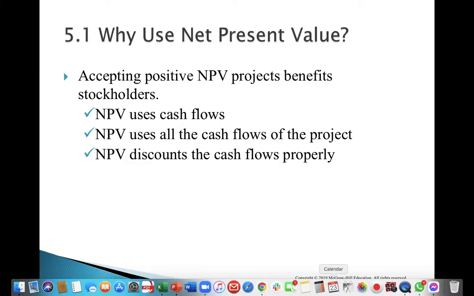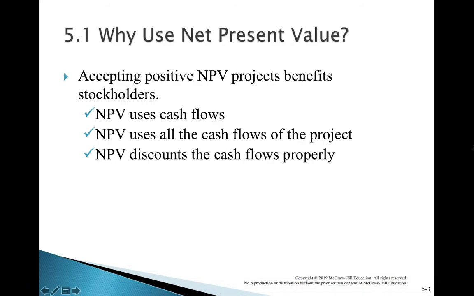The present value today will be 15,000 divided by 1.10 to the power 2. You get 20,000 after 3 years. The present value today will be 20,000 divided by 1.10 to the power 3. So in the net present value, we take the present value of all the future cash flows. Or in other words, the net present value discounts the cash flows properly. So time value of money is properly taken into account.